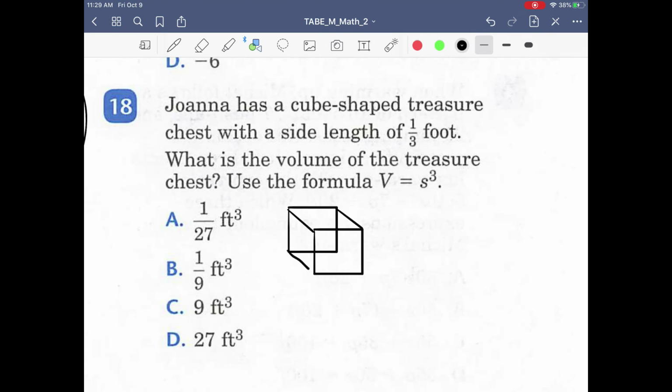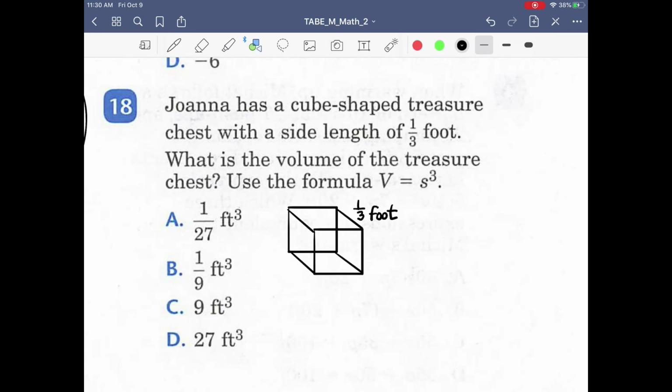But so here's the treasure chest that has a side that is 1/3 of a foot. 1/3 of a foot, that's 12 divided by 3, that's 4 inches if you put it in terms of inches. But we don't have to do that. All right. The next thing is to write the variables.